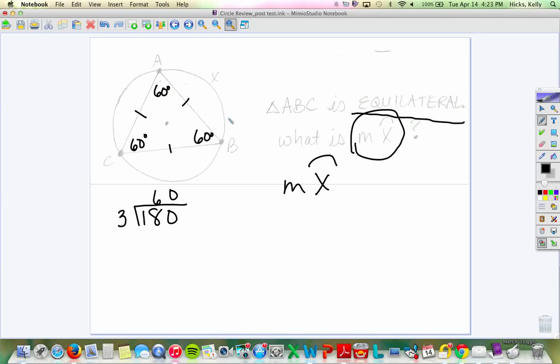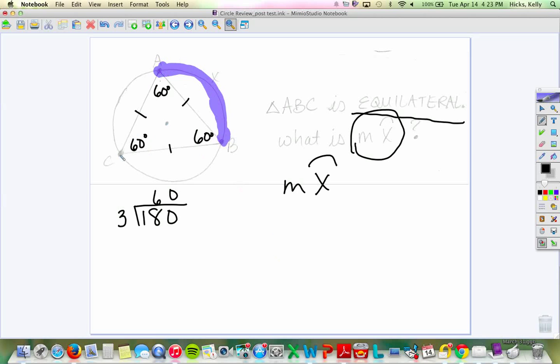All right, so we want the measure of arc X. I'm going to highlight X. Arc X is this arc right here. Now, I do recommend that you get a highlighter or something and you mark these things. If you're having trouble identifying them, use your pen, use your pencil. Okay, so we don't have arc X. There's a couple different ways to approach this problem.